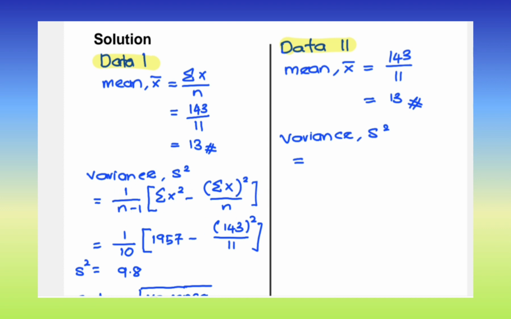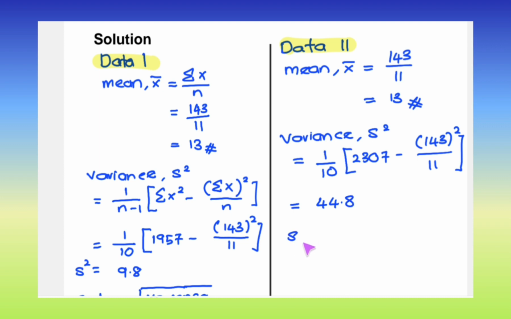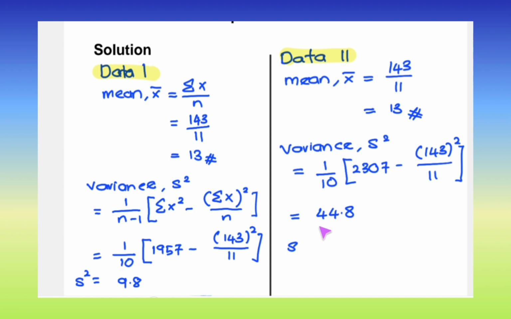The variance here will be 1 over 10 times 2307 minus 143 square over 11. So the variance for data 2 is 44.8. From here, find the standard deviation. Standard deviation is equal to square root of variance, and the answer is 6.69.